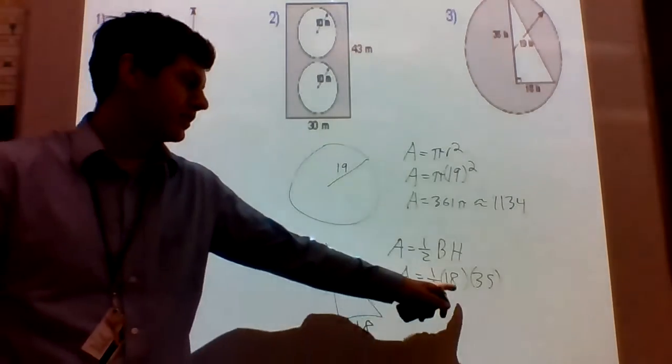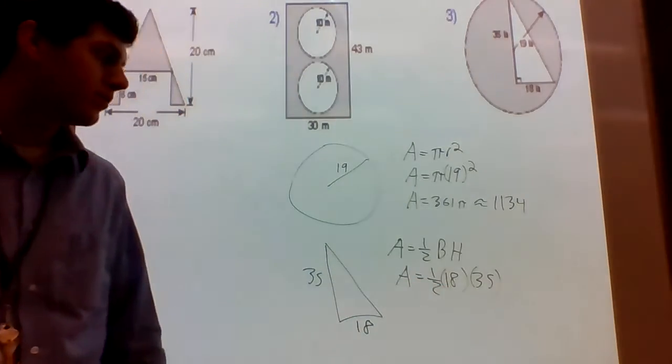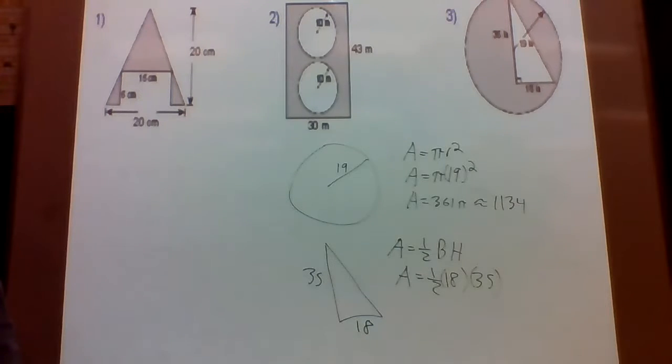So 1/2 times 18 is 9. 9 times 35 would be 350 minus 35, which is 315.